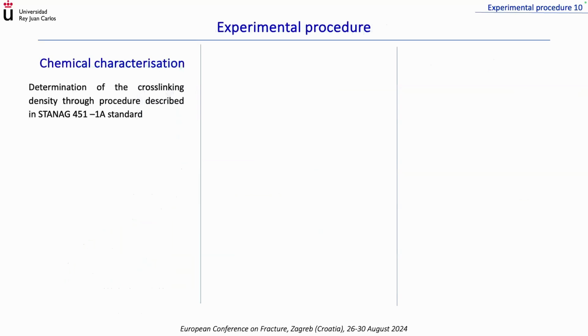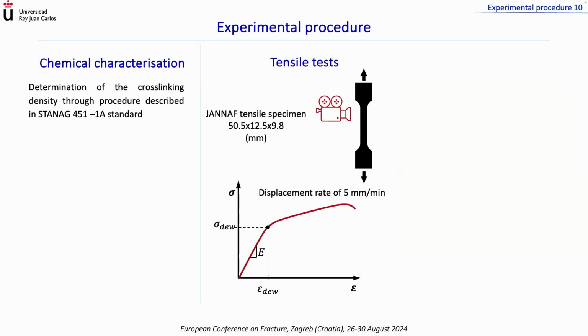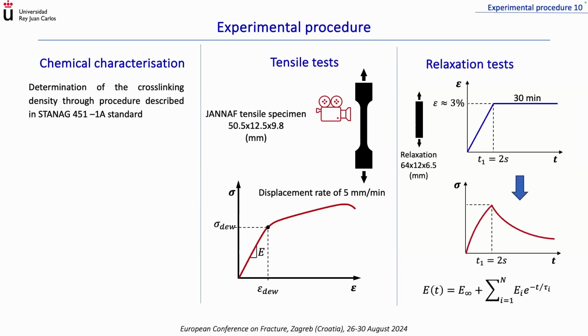Regarding the characterization, we measured the cross-linking density using a standard method. We performed tensile tests, and we determined the Young's modulus and the dewetting stress and the dewetting strain, which is computed as the transition point from the stress-strain curve. We also carried out uniaxial relaxation tests.